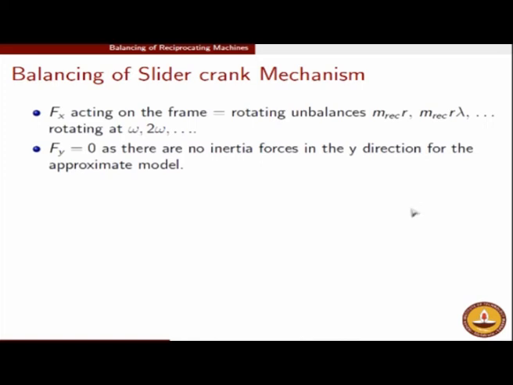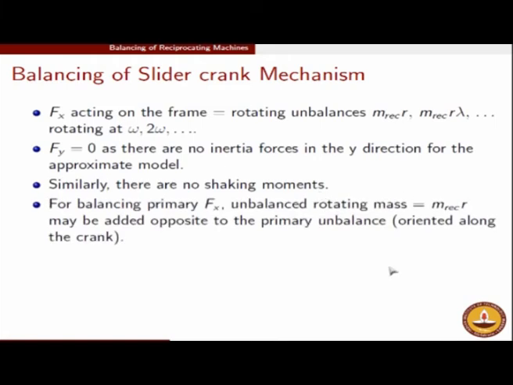Fy is 0, so no issues associated with that. The shaking moments are also completely 0, so there is no issue about shaking moments also. So the question is, how do we balance this force? For balancing the primary, which is associated with the cos omega t type of term, it can be very easily balanced if we realize that it is a rotating unbalance.